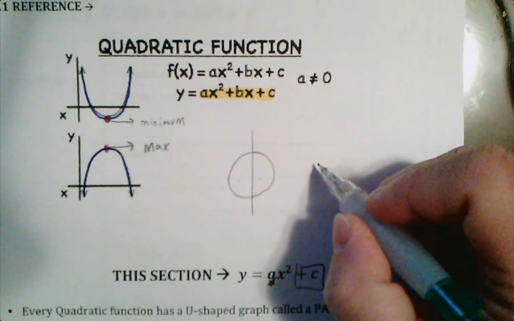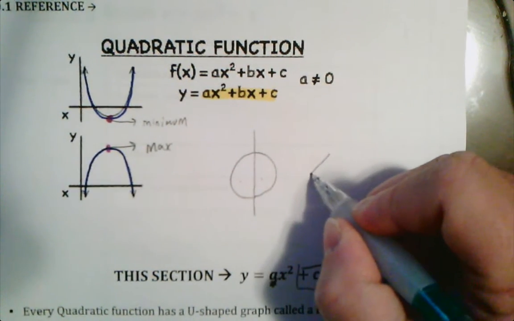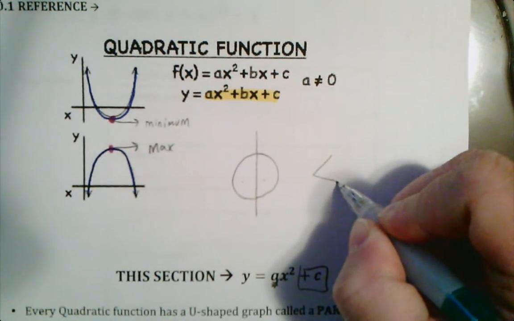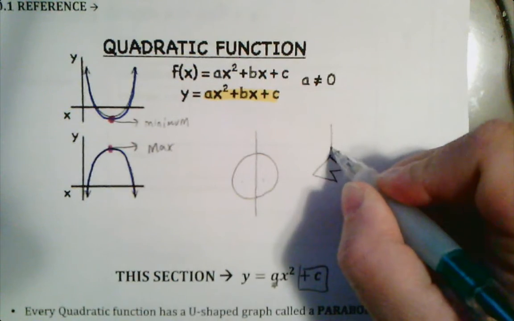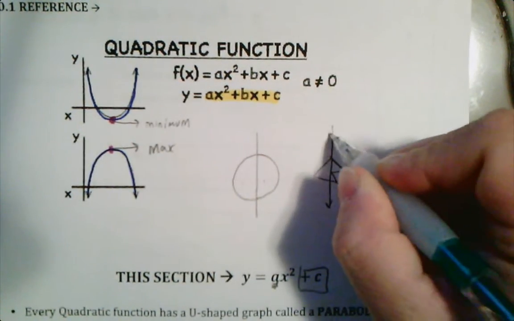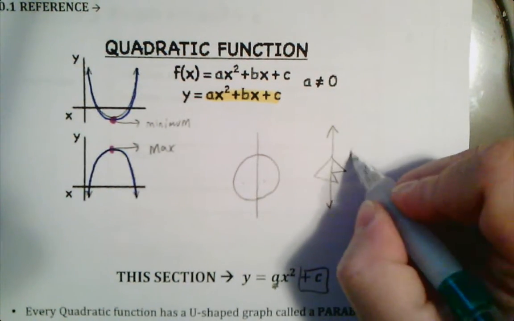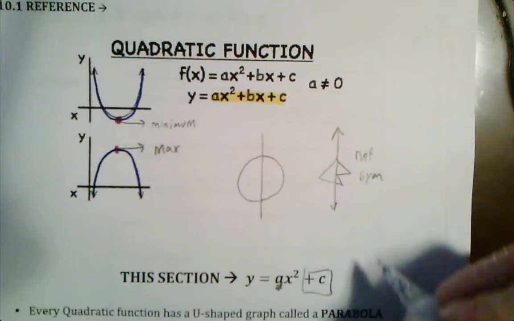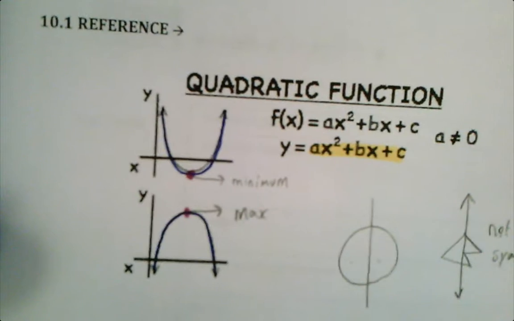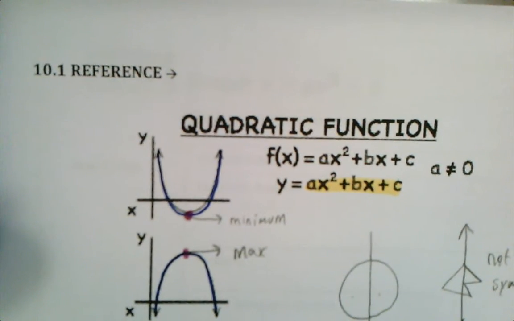However, if I drew a weird looking shape like this and drew a line through it here, this is not symmetric. So basically, all our parabolas are symmetric.